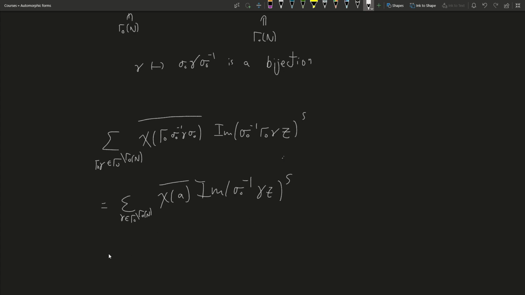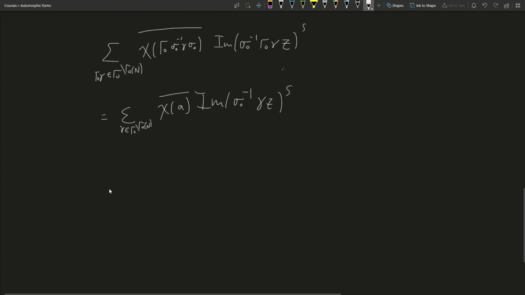Now, an observation that we can make is that AD minus BC is 1 because gamma naught n is a subgroup of SL2Z. And we also have this observation that n divides C, because that's the definition of gamma naught n.